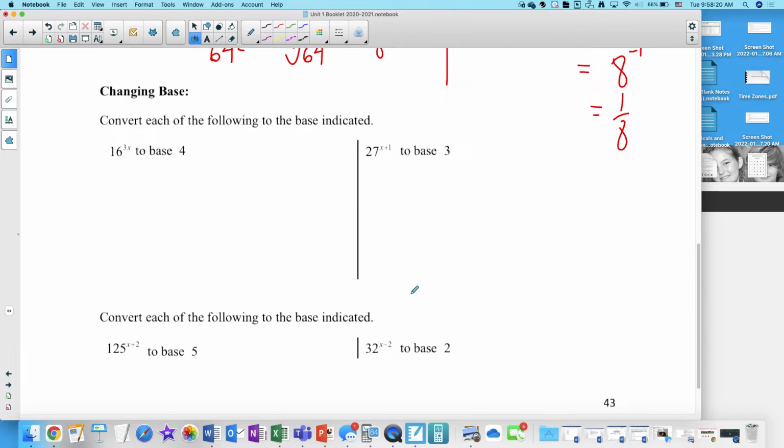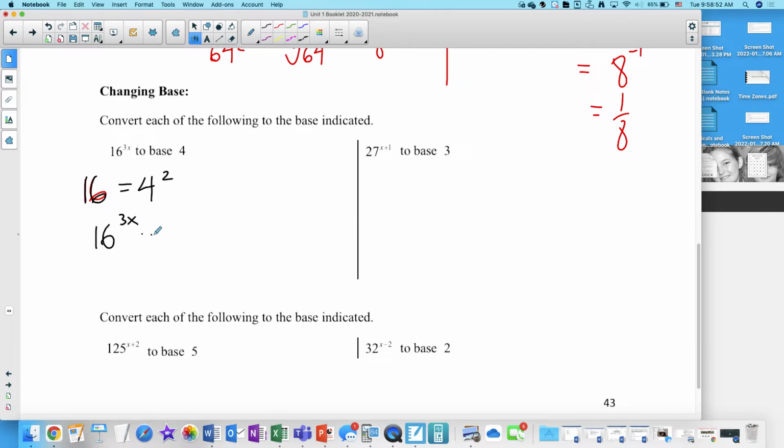Yeah, exactly. So 16, I'm going to switch back to black actually. 16 is equal to 4 squared. So if I want to change this expression to another expression that has a base of 4, what I'm going to do is a substitution. I'm going to replace 16 with 4 squared.